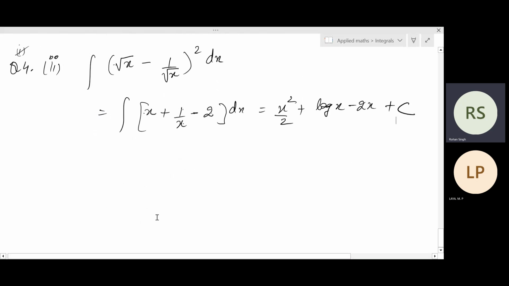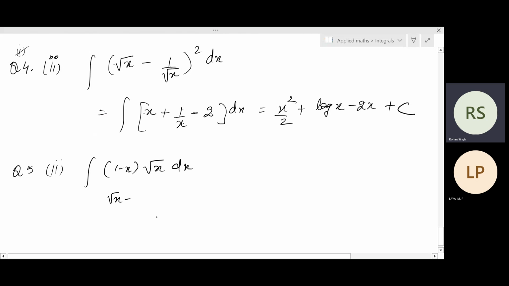Okay, next, the fifth one. Let's skip the first part of the fifth one also. It's the same thing. You have to just multiply 1 minus x with square root of x. We can also do this in one line: integral of (1 minus x) times square root of x dx. So let's multiply. We'll get square root of x minus x into square root of x.